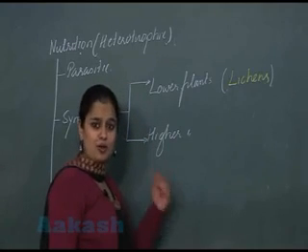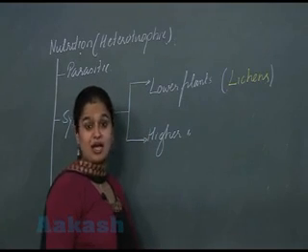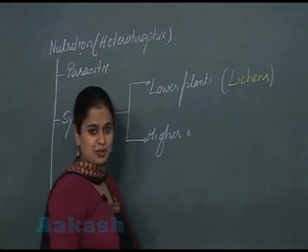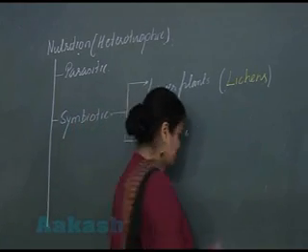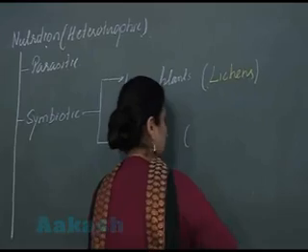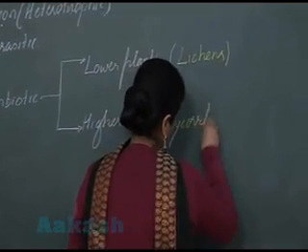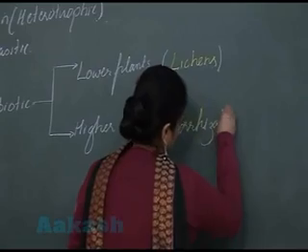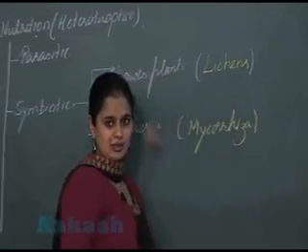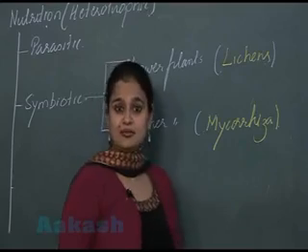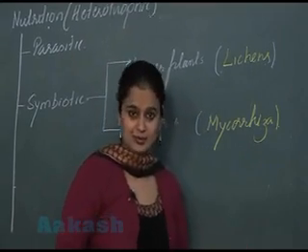They can also show association with higher plants like gymnosperms, angiosperms, and this association which is formed is known as mycorrhiza. Lichens and mycorrhiza I will be dealing in detail in this chapter later.